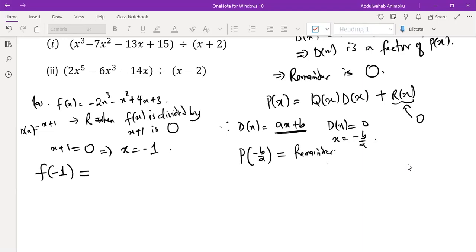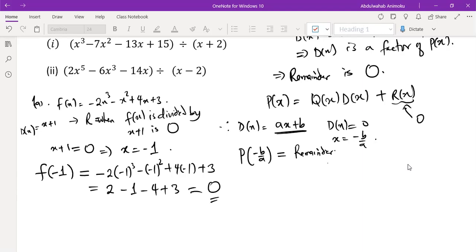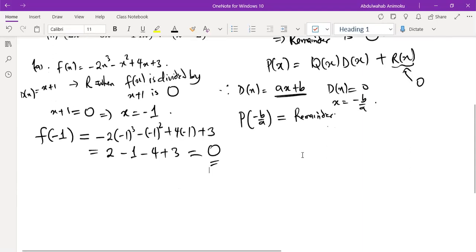So f of minus 1: this is minus 2 times (minus 1) raised to power 3, minus (minus 1) squared, plus 4 times minus 1, plus 3. This is minus 1, this will give us 2, and this will give us minus 1, and there's minus 4 plus 3. So this basically gives us 5 minus 5, which is 0. As you can see, the remainder is 0.